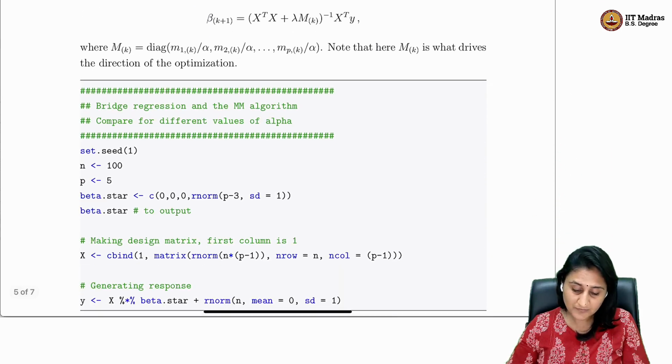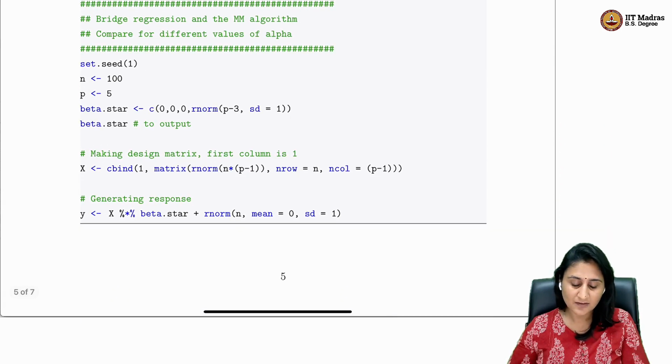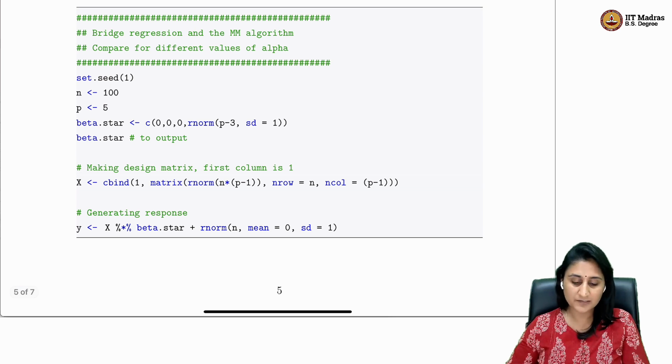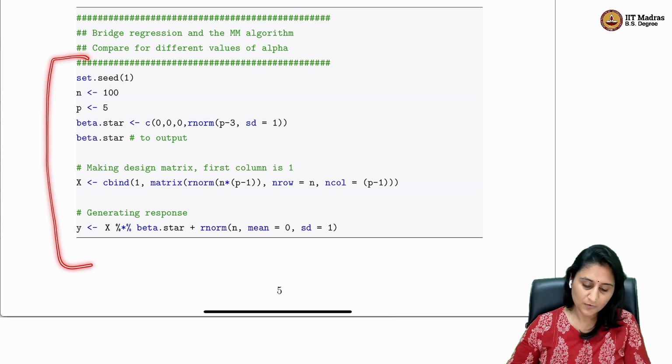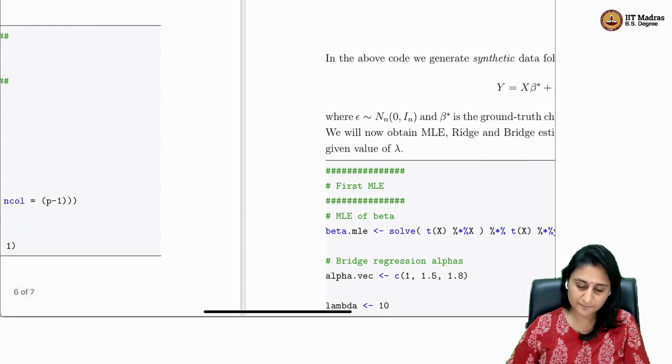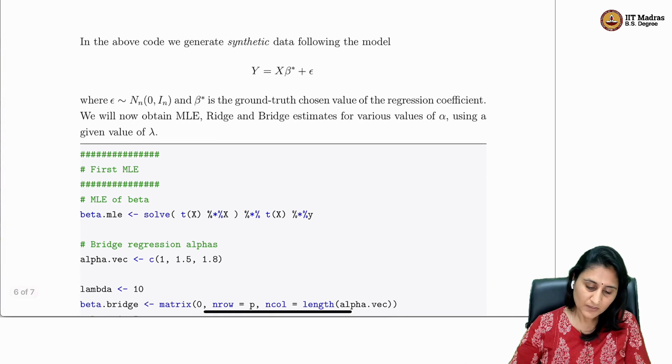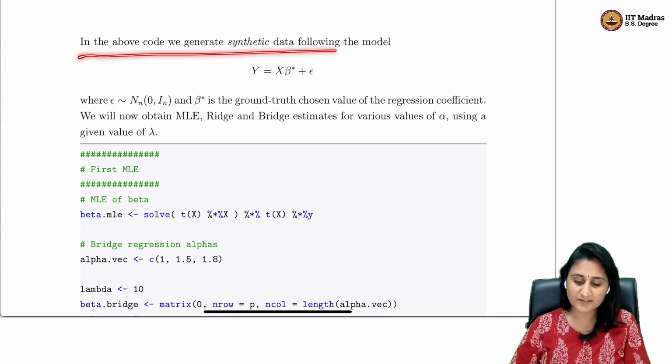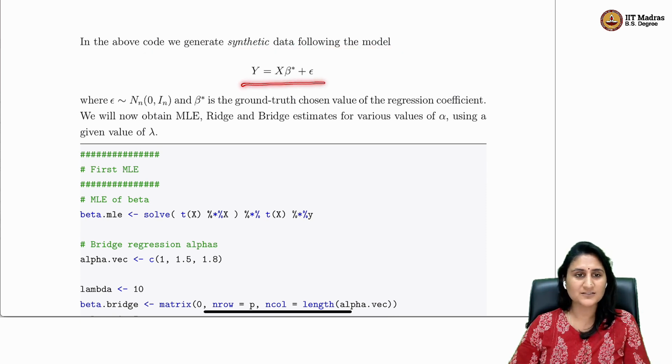Okay. So in this particular code, I generate data from a particular linear regression type model. Okay, and this is something we've seen before. So what I do is I generate synthetic data, which we're already familiar with, y equals x beta star plus epsilon. Epsilon's from this distribution.